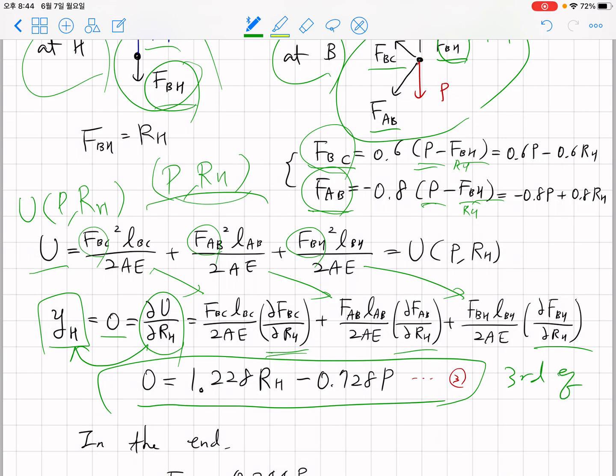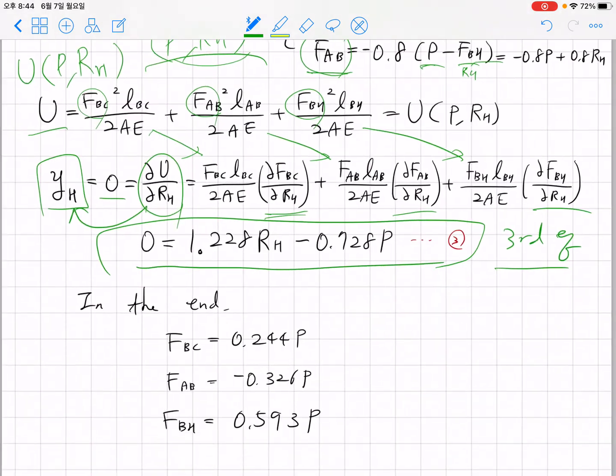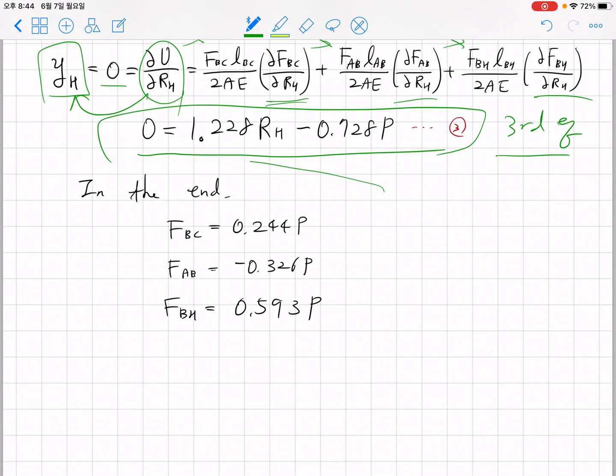After combining the third equation with the first two mechanical equilibrium equations and identifying that there are three unknowns, what you're gonna obtain in the end is FBC, FAB, FBH in terms of P. After obtaining these three values in terms of P, you can obtain the deflection along the horizontal direction in a relatively easier way.